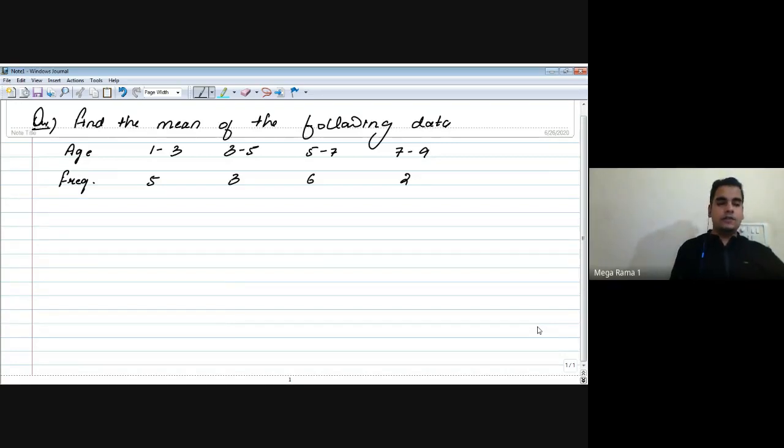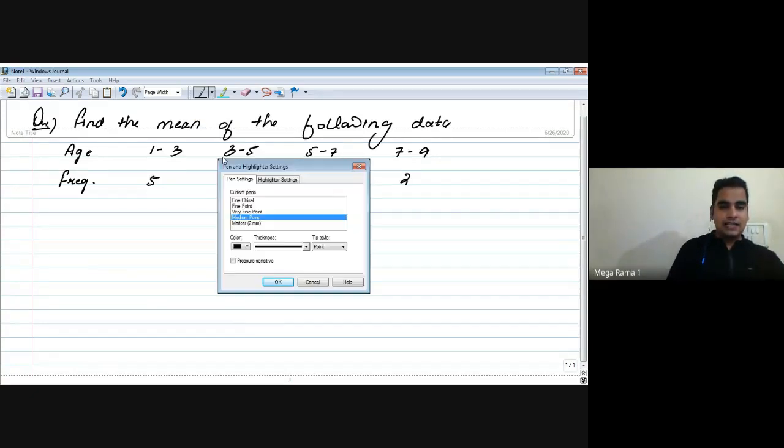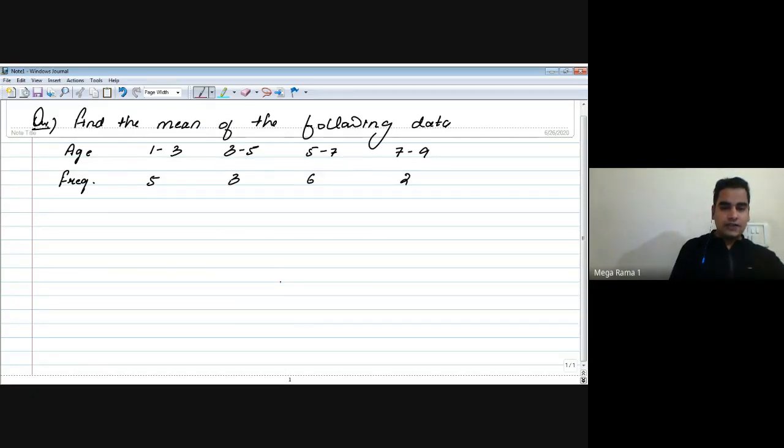Okay. So you can see that this case is different from the case that we discussed yesterday, because yesterday we haven't discussed the case where we come across class intervals. And when you come across a class interval, we will be using one more concept, and that is class mark. So first let me give you the formula of class mark, and then let me show you how to calculate it and how to use it to find the mean.